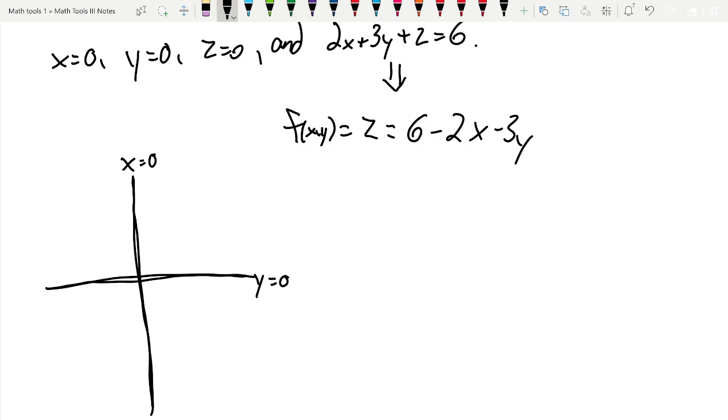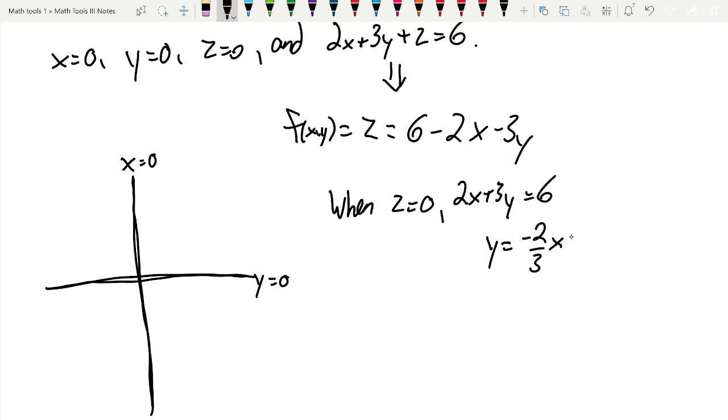So if we let z be 0 here, when z equals 0, we have the line 2x plus 3y equals 6. Depending on if you want to do this in terms of x or in terms of y, you could solve this different ways. We can do this for x here.